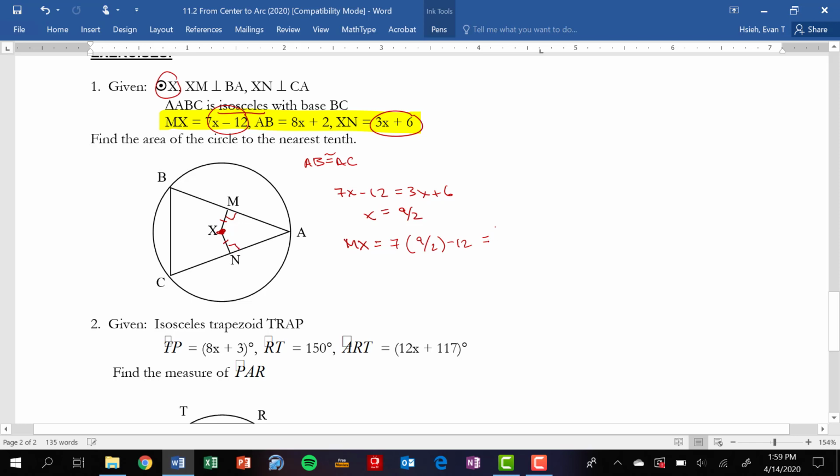So that means MX is 19.5. I also know that if I take this x value and plug it in here, I can find AB. AB ends up being equal to 8 times 9/2 plus 2, which is equal to, I think, 38.